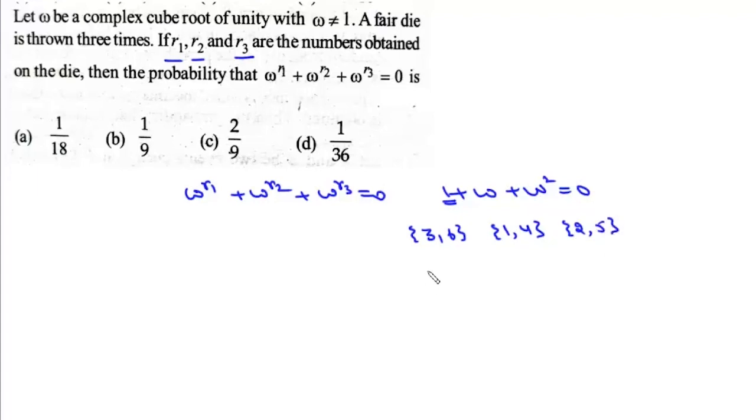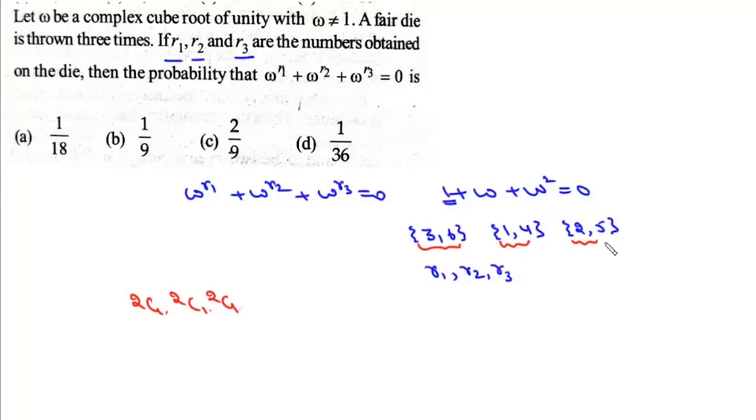So that means for R1, R2 and R3, we have to choose one number from this set, one number from this other set, and one number from this third set. So from this first one, we can choose one number in 2C1 ways. For second, it will be 2C1, and for third, it is 2C1.